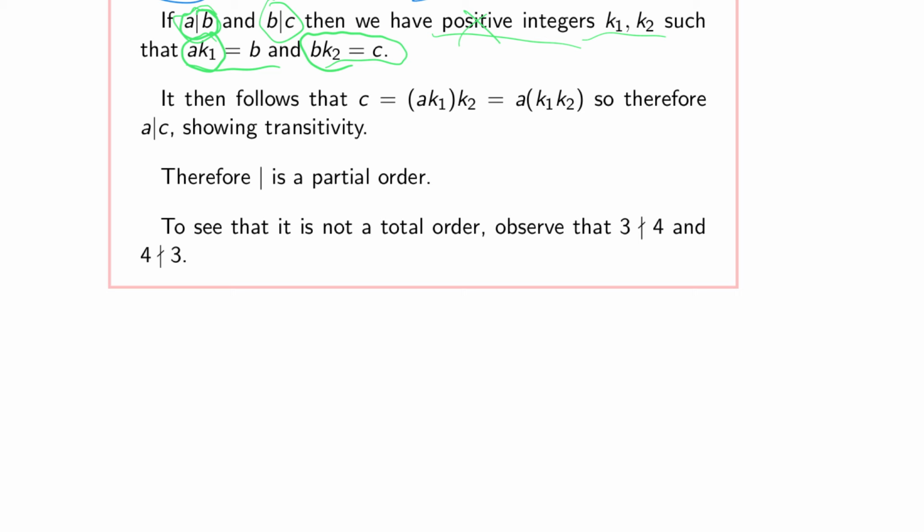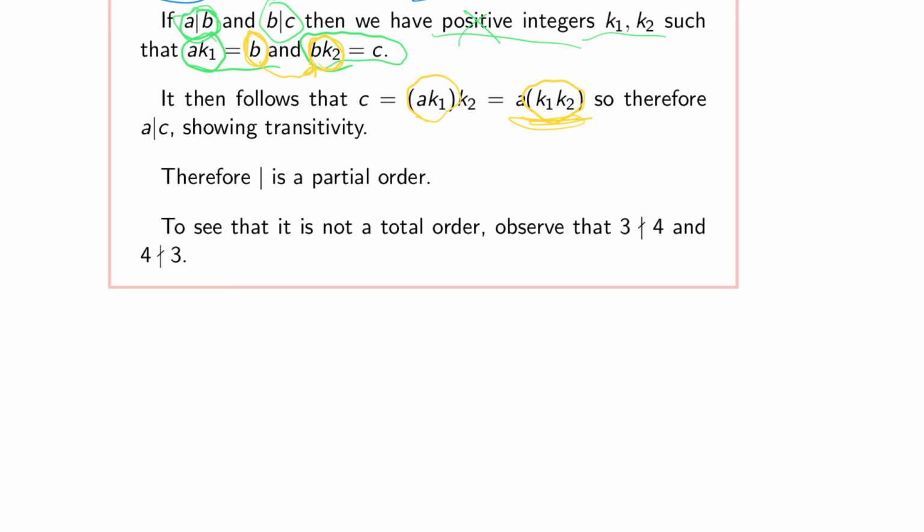And now let's talk about relating C directly to A. Well, if C is equal to B K2, and we have an equality for B, I could substitute B in there. And so instead of having B K2, I instead have A K1 K2, because A K1 is equal to B. Rearrange so that we explicitly group the multiplier away from A, or aside from A, however you want to say that.